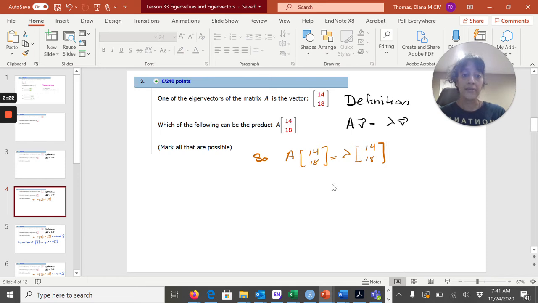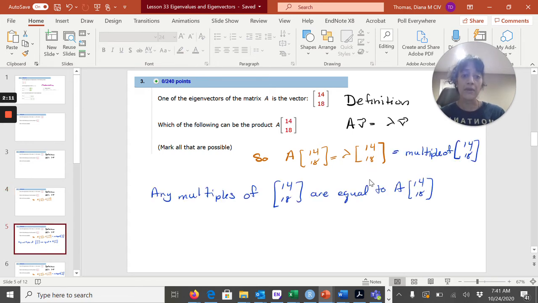What does that mean? Well, it means that for 1418 to be an eigenvector, A times 1418 must be equal to some constant times 1418. So that means that all of the vectors that are multiples of 1418 could be this product. A times 1418 is a multiple of 1418.